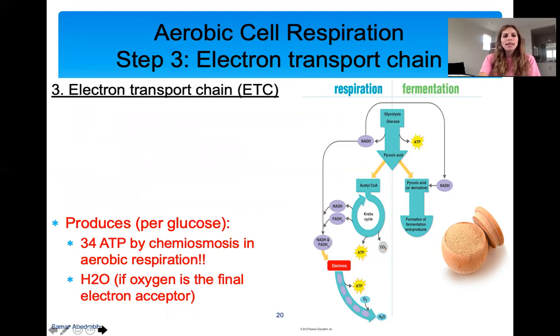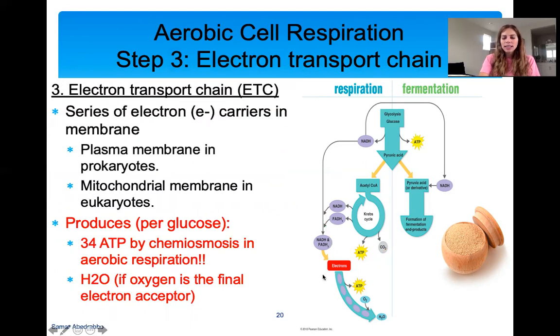So the final step in aerobic cell respiration is the electron transport chain. The electron transport chain is a series of electron carriers in the cell membrane of organisms. So in prokaryotes, the electron transport chain happens in the plasma membrane, and in eukaryotes, it happens in the mitochondria. So to summarize a little, glycolysis happens in the cytoplasm for both prokaryotes and eukaryotes.